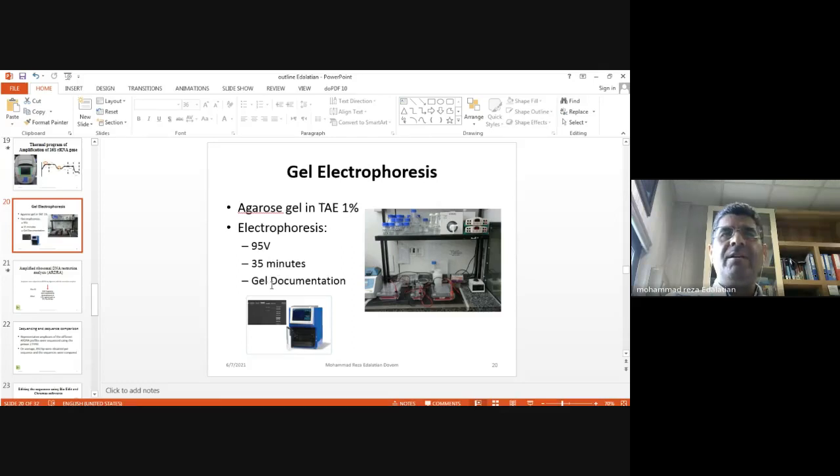Finally, we can see the picture of the gels in the gel documentation equipment, and we have a picture like this, which shows the different bands, and these bands represent the DNA of each isolate here.